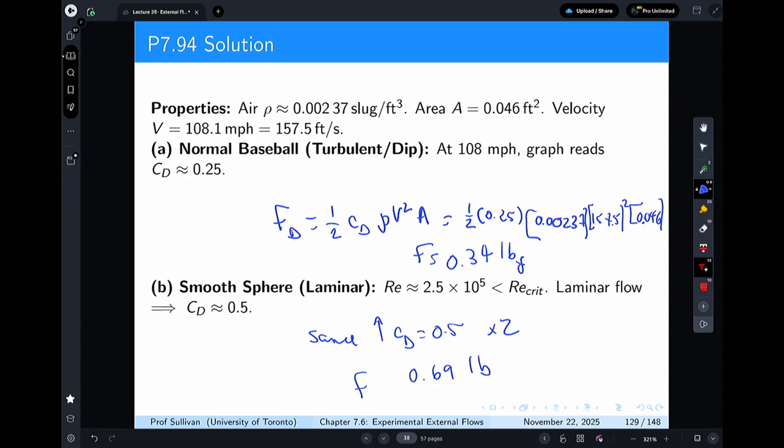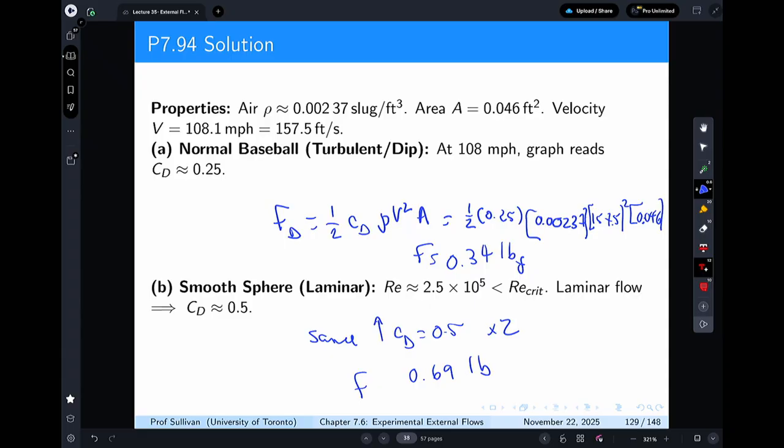So if you calculate the drag force for the two cases, it's the same thing as what we saw with the golf ball. In one case, you have a very low coefficient of drag, 0.25. You pay for it with increased friction, but that's not a significant part of the actual drag that you're dealing with.